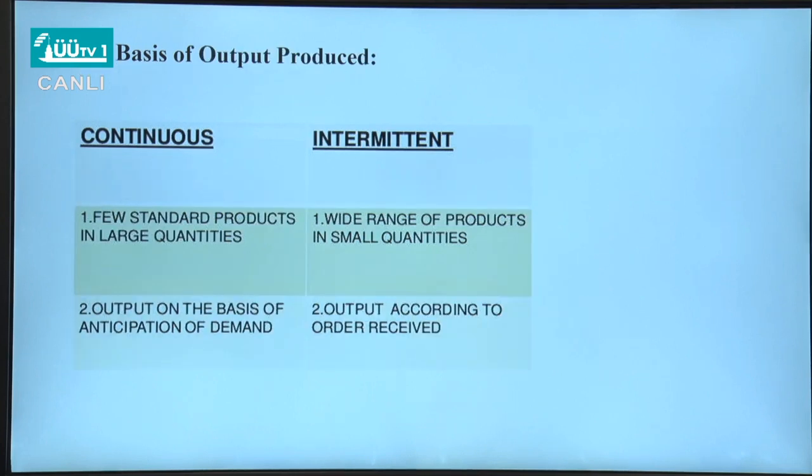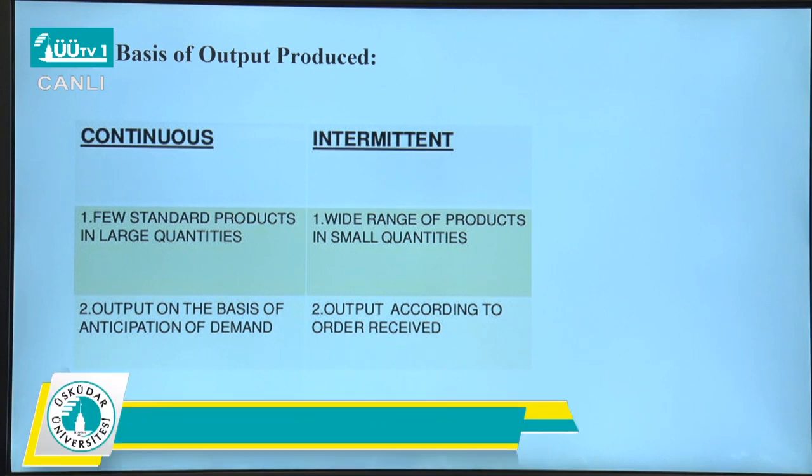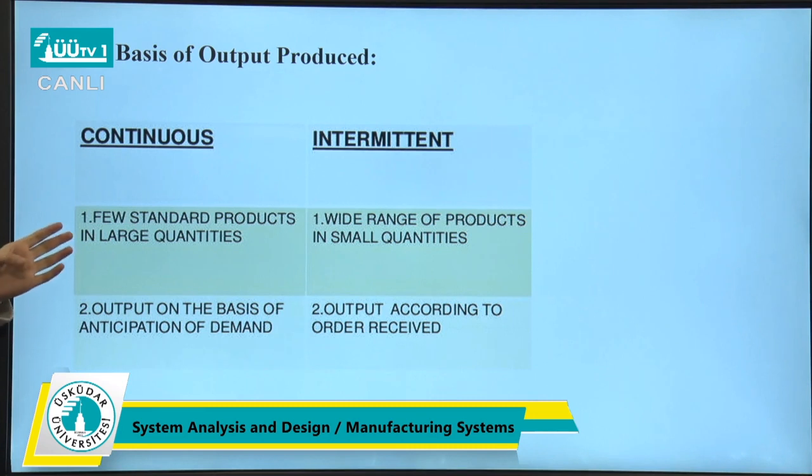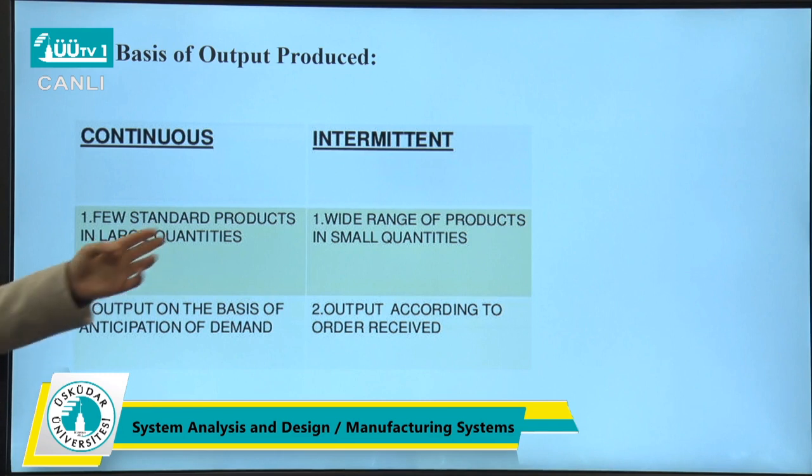And with respect to output produced, we can say the product that we see as the output of the manufacturing system. At the continuous side, few standard products in large quantities, and at the intermittent side, we can see a wide range of products in small quantities.